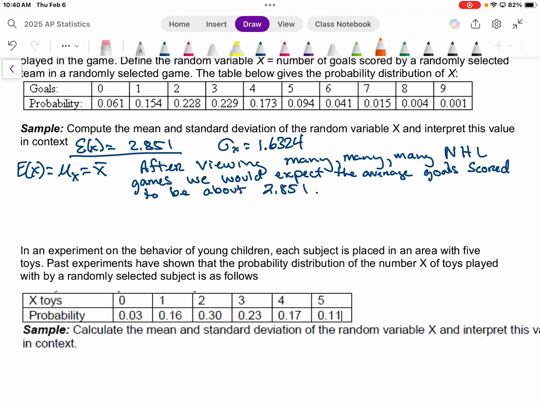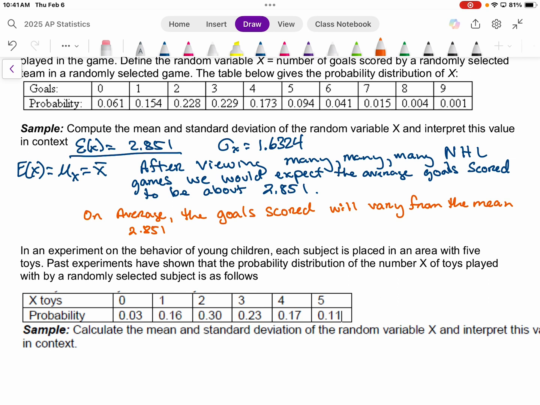I'm going to switch colors as I do the standard deviation. On average, the goals scored will vary from the mean, 2.851, by about 1.6324 goals.